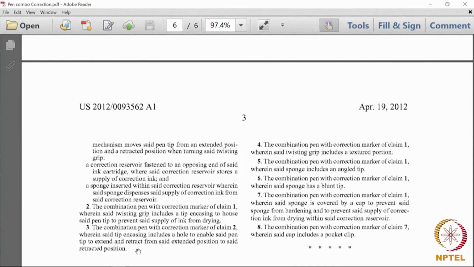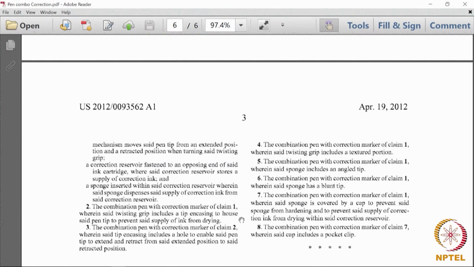Now, claim 2 cross refers to claim 1. A combination pen with correction marker of claim 1, wherein the said twisting grip includes a tip encasing to house the said pen tip to prevent said supply of ink from drying. That is a small modification to help the ink from drying.